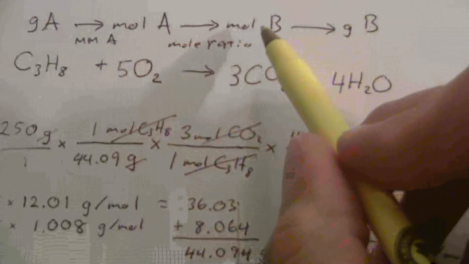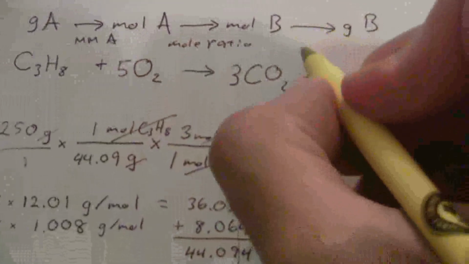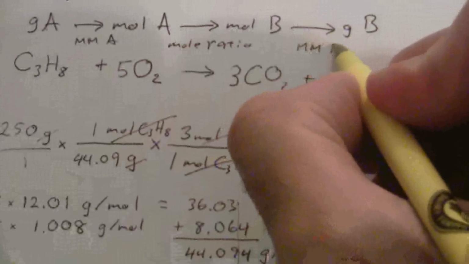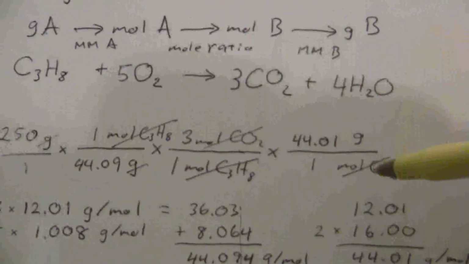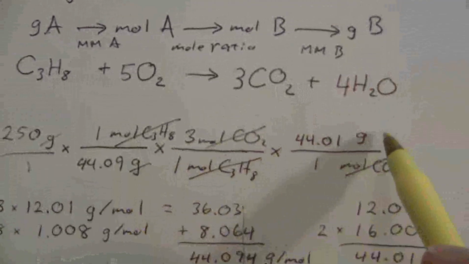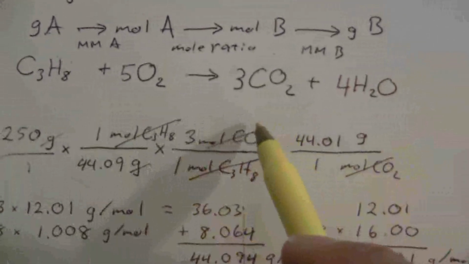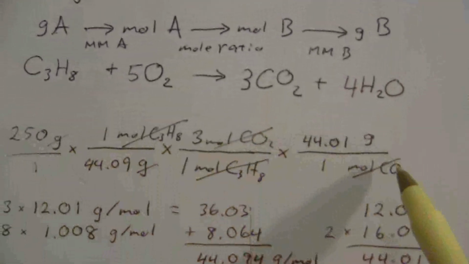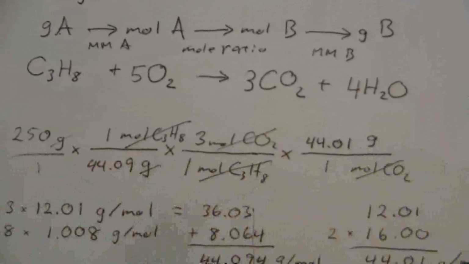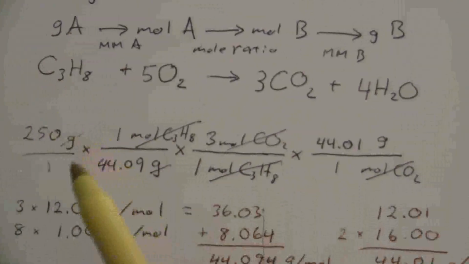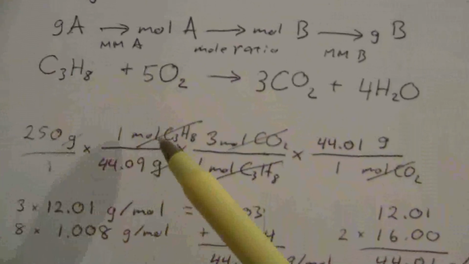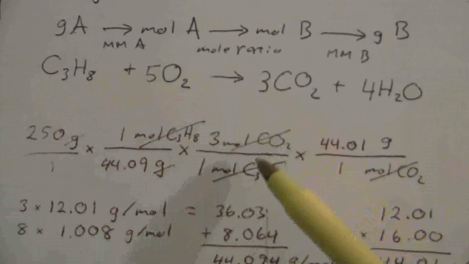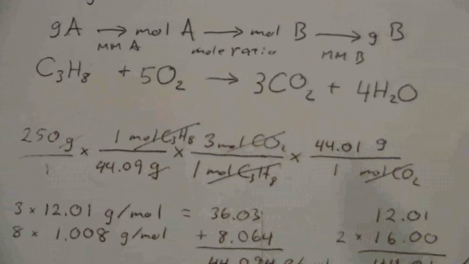And then the molar mass of B will convert from moles to grams of that substance. So two molar masses and the mole ratio. Those are the three conversion factors that we use for this kind of problem: grams to moles of the other substance to grams of that substance.